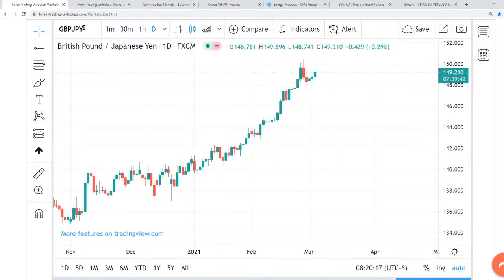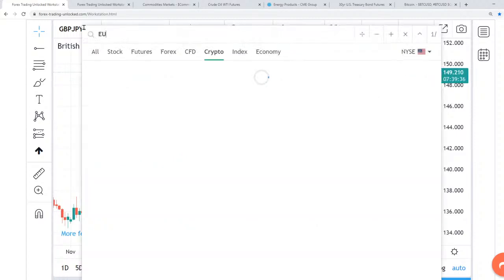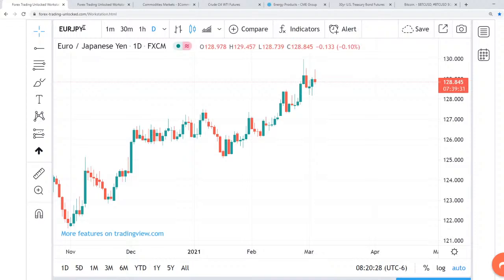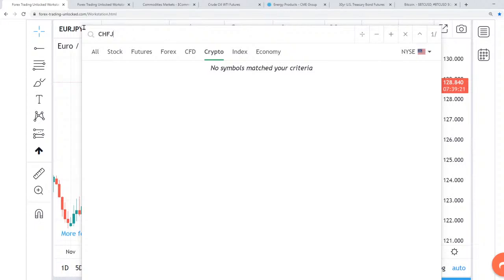JPY. Same thing. The British pound JPY, it's very strong. Look at the Euro JPY. This is strong too against it. Okay, it hasn't made a higher move high, but it is still trending strong, and we know that the euro is showing signs of weakness. CHF JPY.